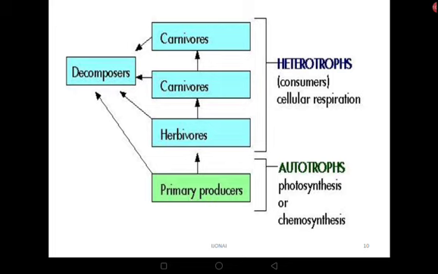So we can also tell that the primary producers are autotrophs. You remember autotrophs? Organisms that can make their own food by photosynthesis or chemosynthesis. Those ones are the primary producers we talked about. The plants, the green algae, and the photosynthetic bacteria. And then the rest that cannot make their own food are called heterotrophs or consumers.